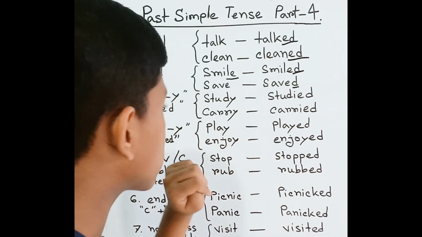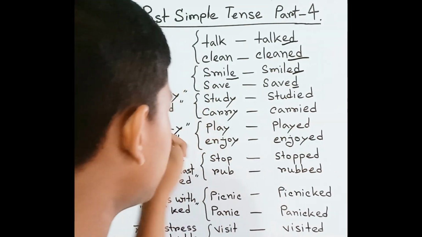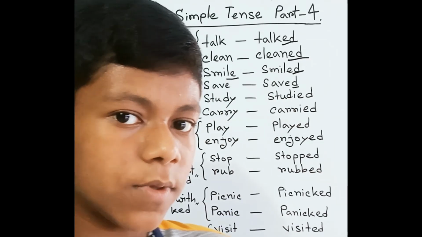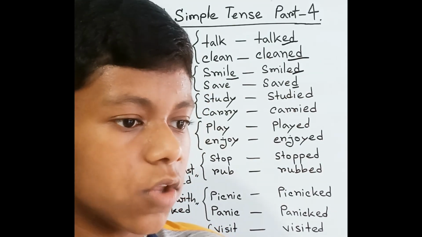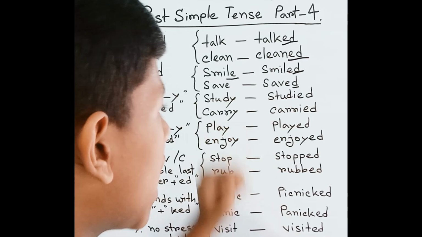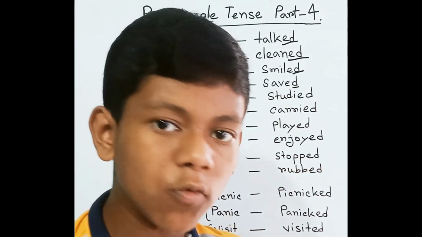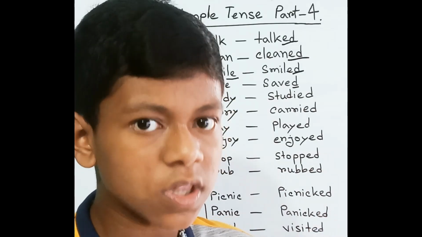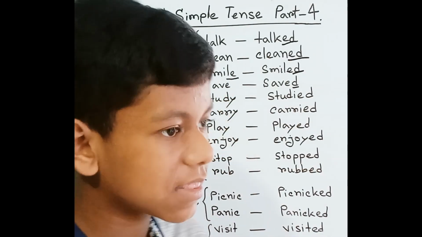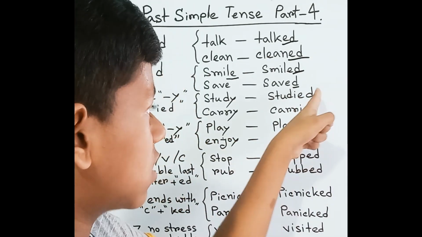Here in number 3, when the verb's last letter ends with y, and before the y there is a consonant, we have to drop the y and add ied.